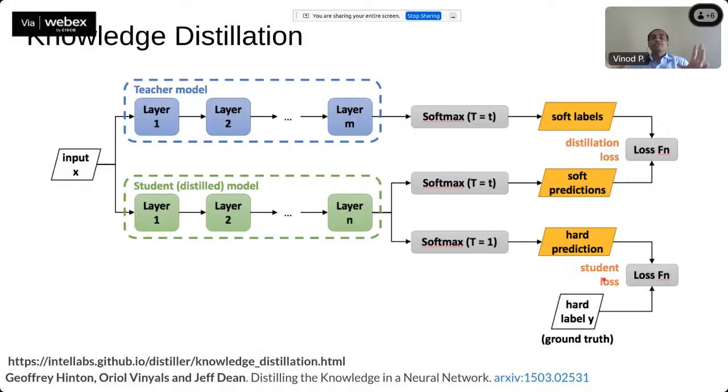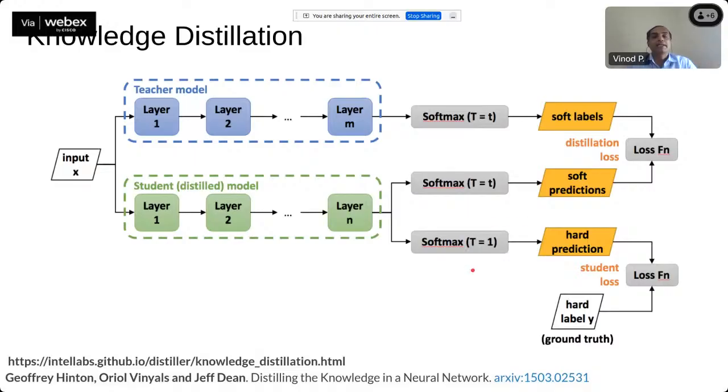So in knowledge distillation, we create a total loss function, which contains two components. One is a distillation loss and another is a student loss, and basically they are weighted. So the total loss is a weighted sum, with some weight on the student loss plus some weight on the distillation loss.